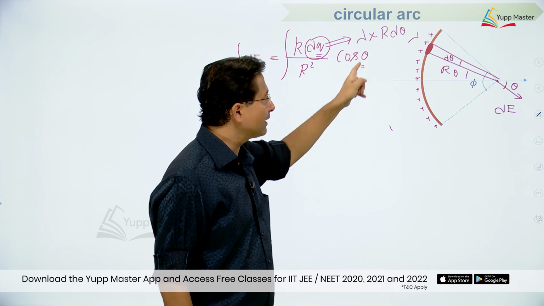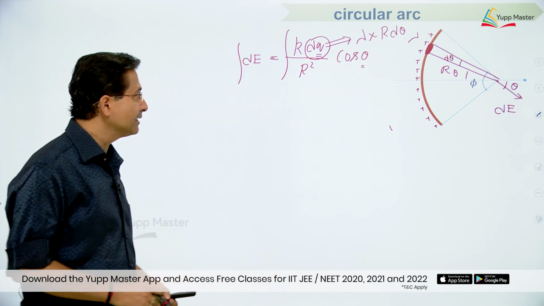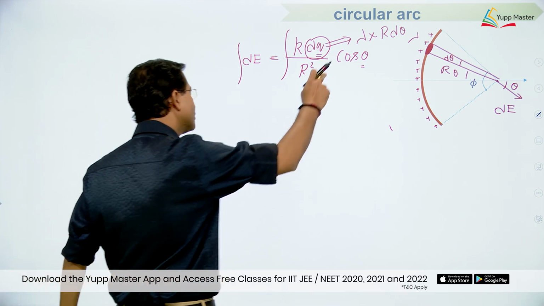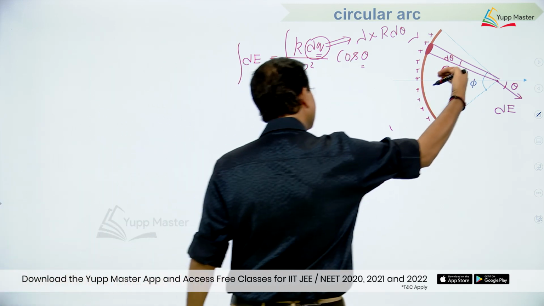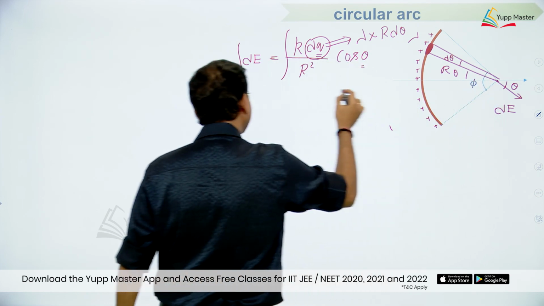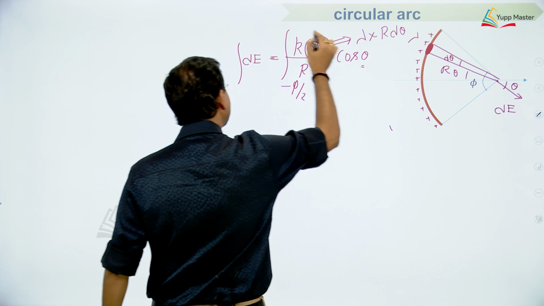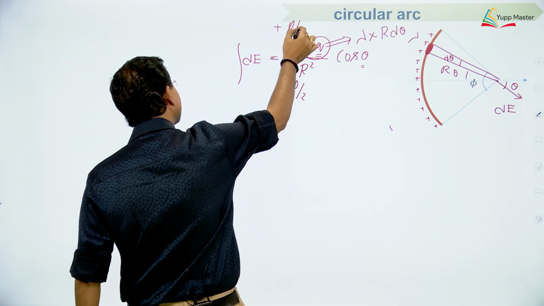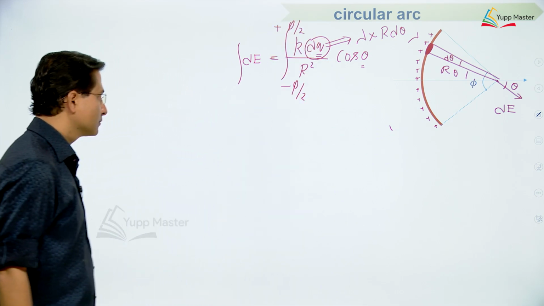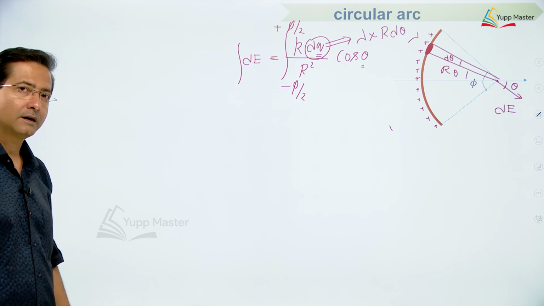Now we have only one variable. I can integrate theta: from this side you have to go minus phi by 2 and this side you have to go plus phi by 2. Right.